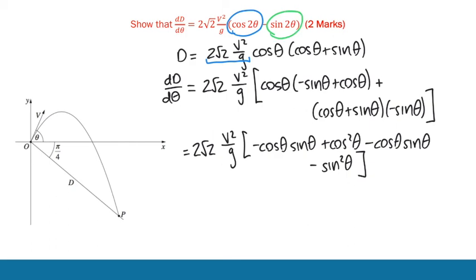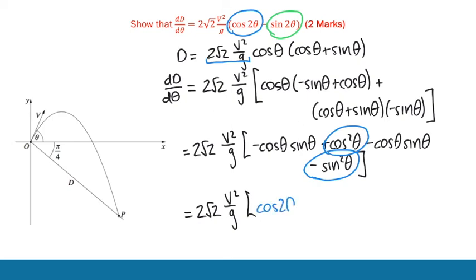You notice we have a cos squared theta and a minus sine squared theta. That is the double angle expansion of cos. That's cos 2 theta. So those two bits that I've circled in blue will turn into cos 2 theta. As for the sine 2 theta, well, we have minus sine cos minus sine cos.